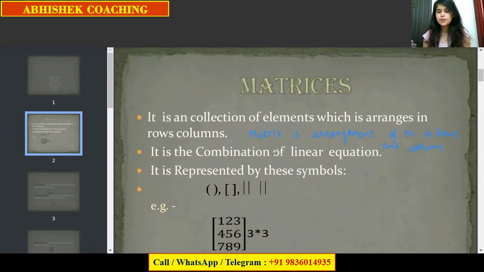Clear with this? Then it is represented by symbols like a square bracket, or in these line brackets, like 1 2 3 4 5 6, but mainly they use the square bracket form.